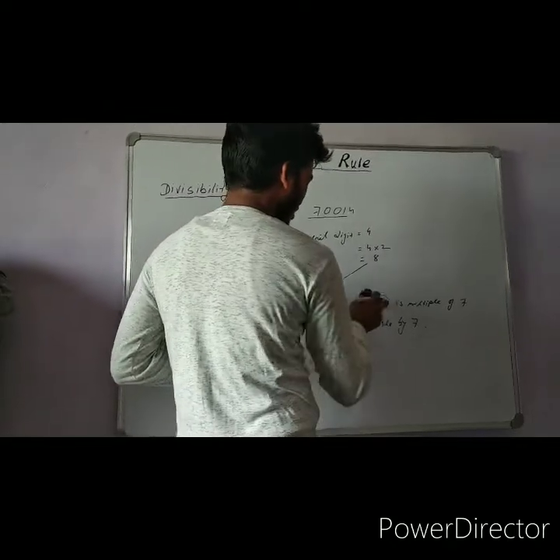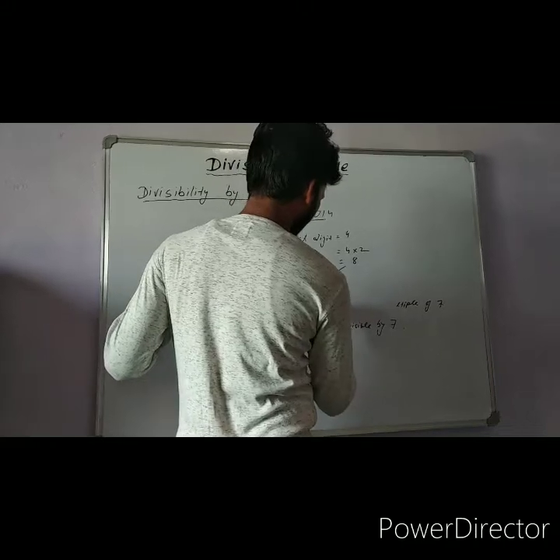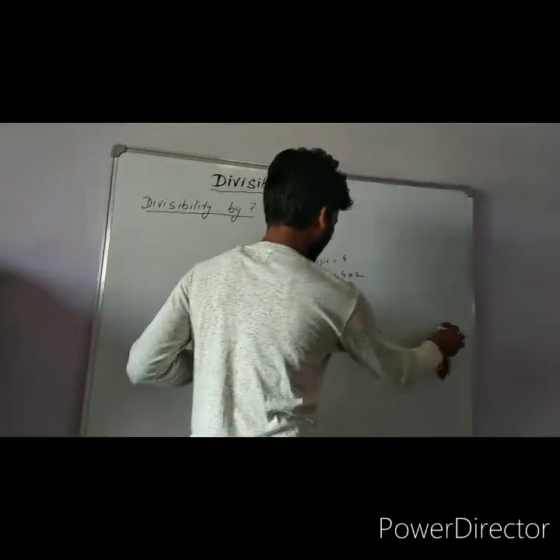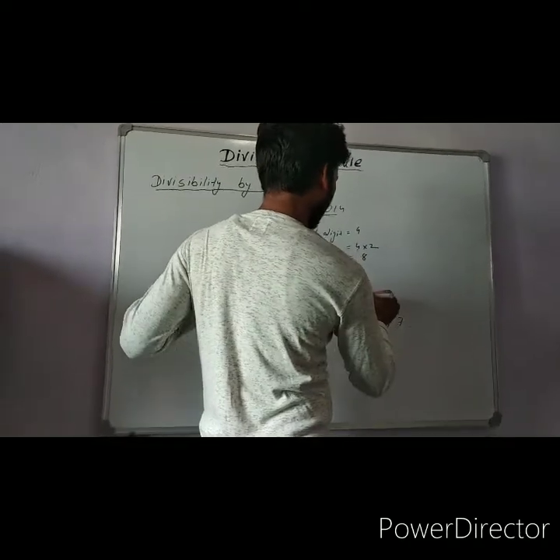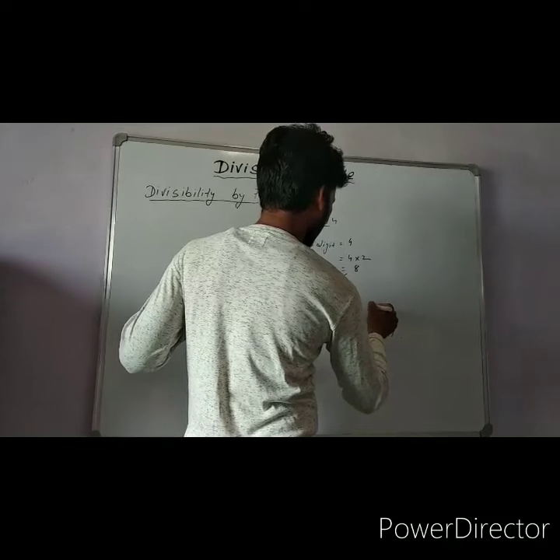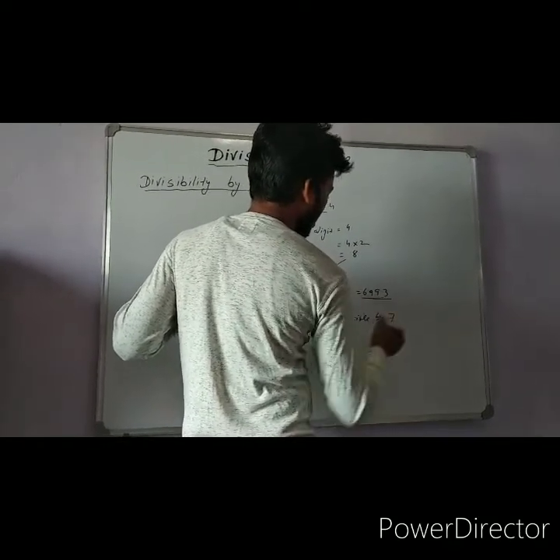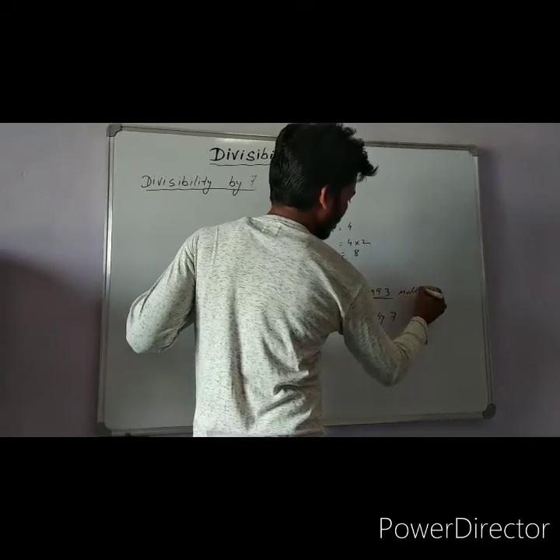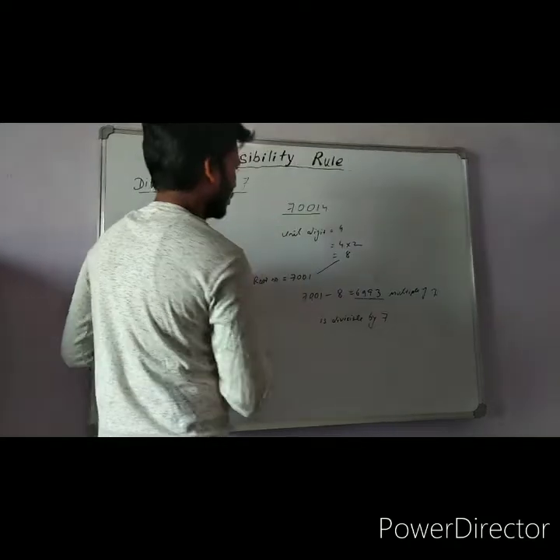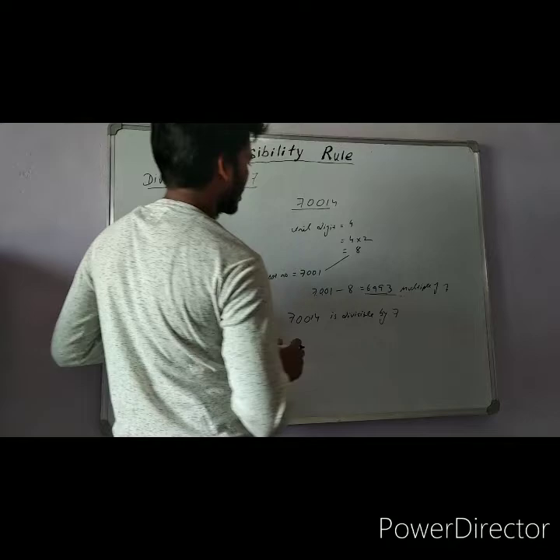So subtract it, find the difference. 7001 minus 8: 11 minus 8 is 3, and then 9, 9, 6. Since this number is a multiple of 7, therefore the whole number 70014 is divisible by 7.